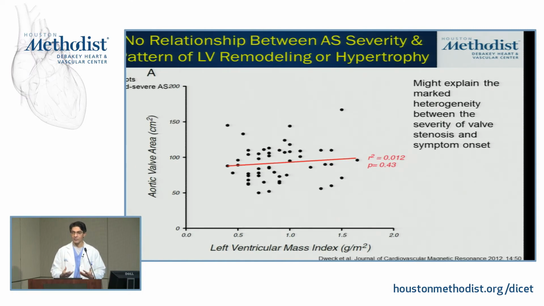Just the fact of how the heart has remodeled. And we know there are a lot of factors that may go into why a heart may maladaptively remodel, such as hypertension or just basic genetics.